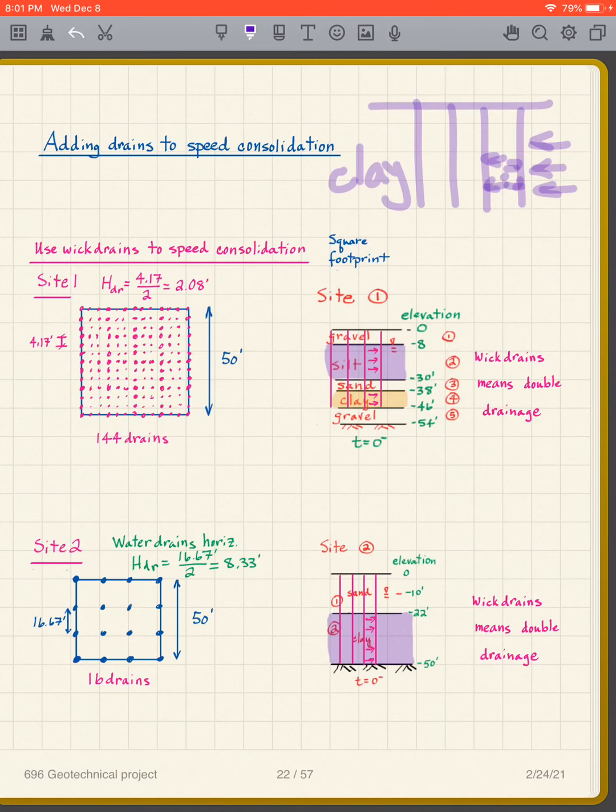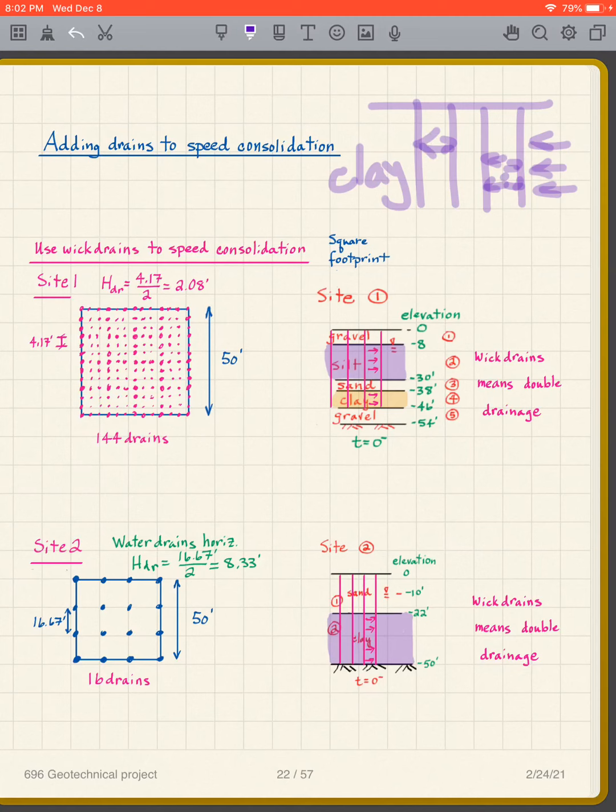So this is a case where our HDR is not going to be dependent on the thickness, the vertical thickness of the clay layer or silt layer. It's going to be dependent on the spacing of the drain. So remember what HDR stands for.